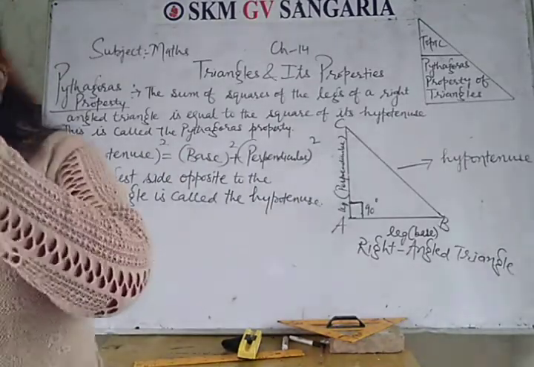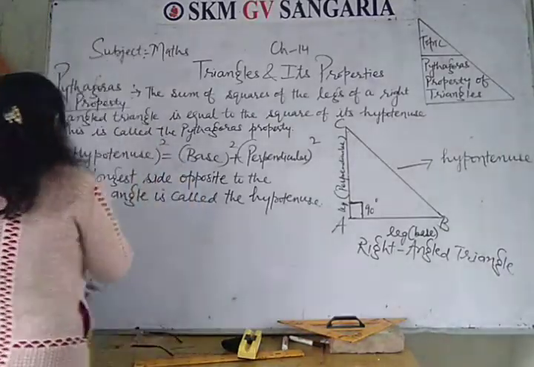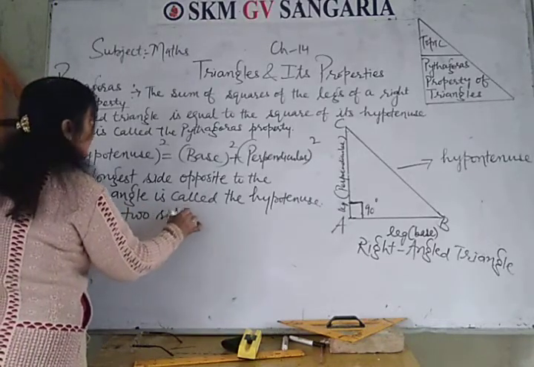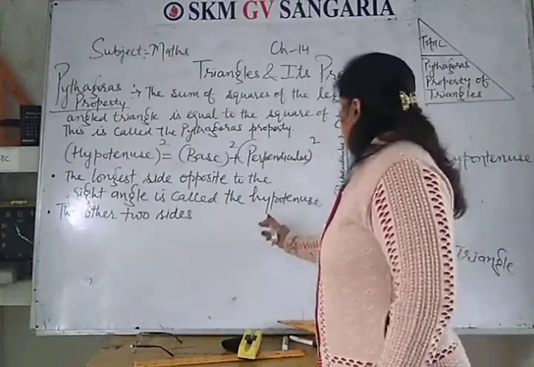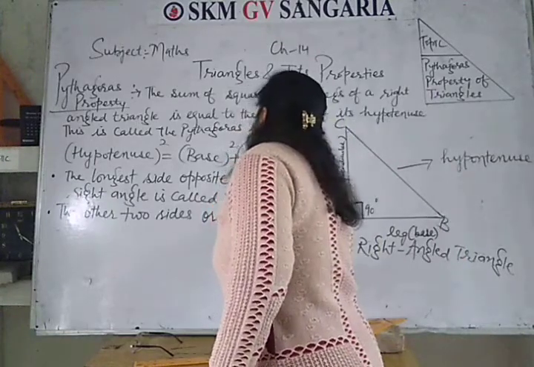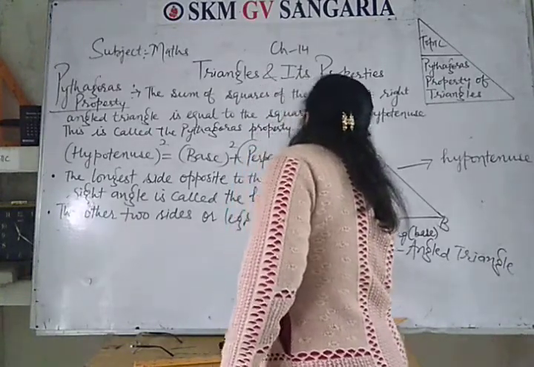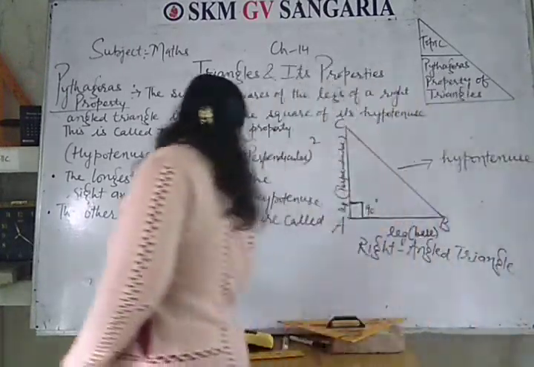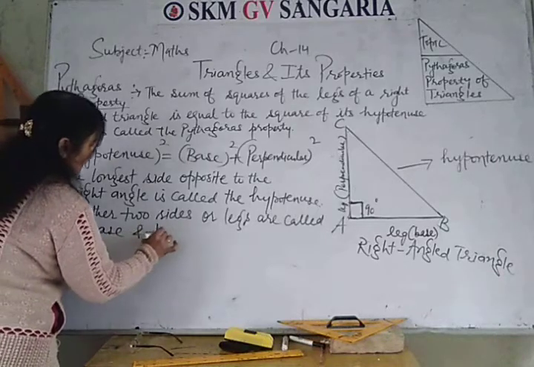Number 2, the other two sides are known as the legs, which are called base and perpendicular.